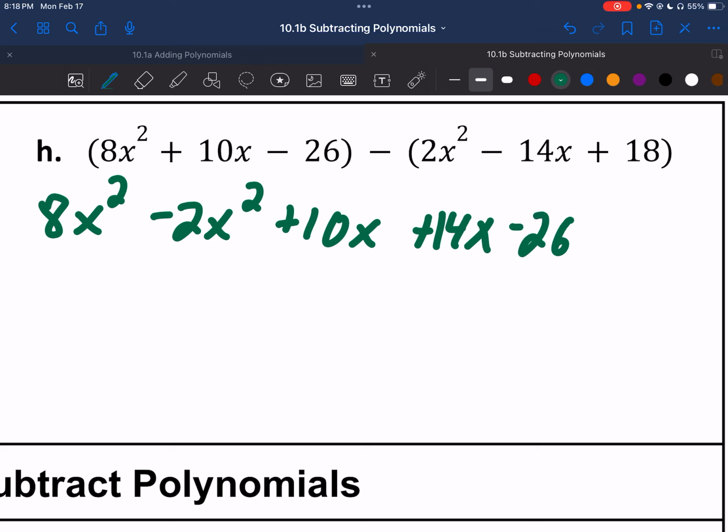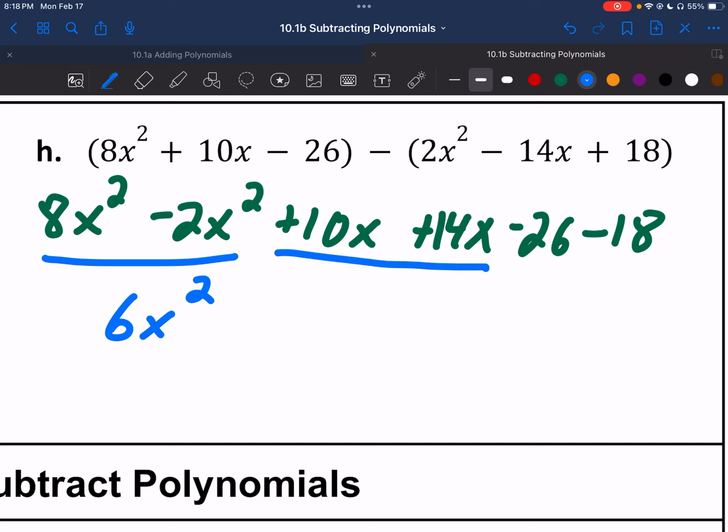Additive inverse of plus 18 is minus 18. So we combine our like terms, our squared terms combine, we get 6x squared. And then 10x plus 14x is plus 24x. And then negative 26 minus 18 is minus 44.